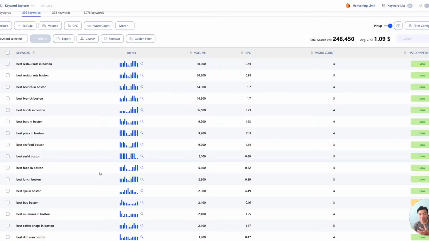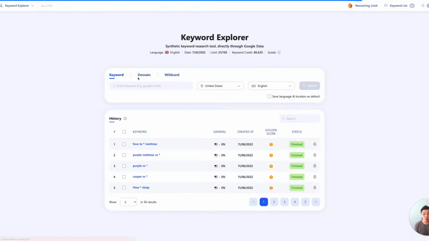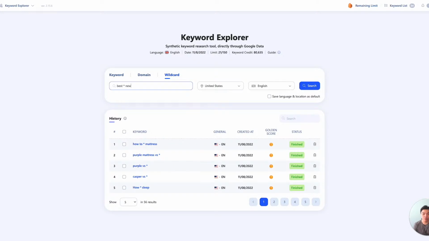If you are a travel blog, you go to Boston, you write about Boston, and then you go into other cities like New York, Vermont, Seattle, Portland. Just search, and it will appear right away on your screen exactly what people search for when they go to those cities.